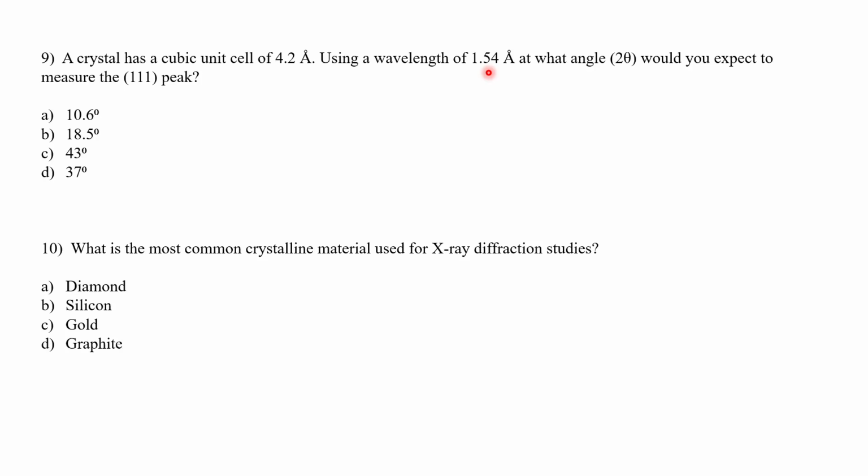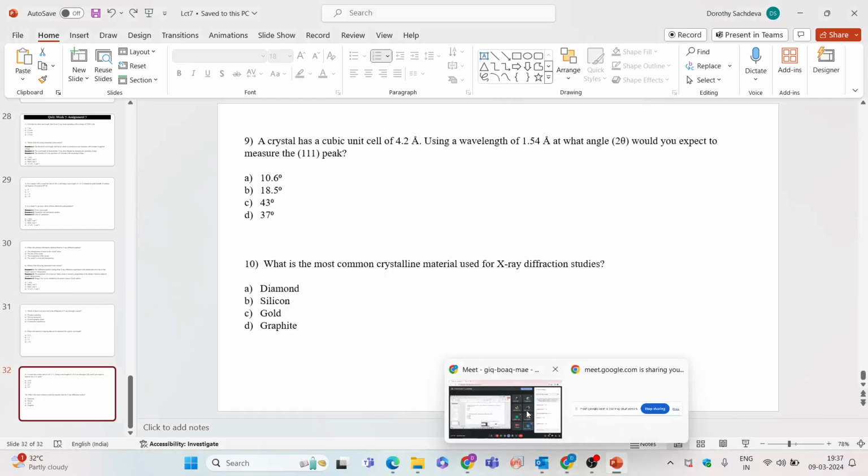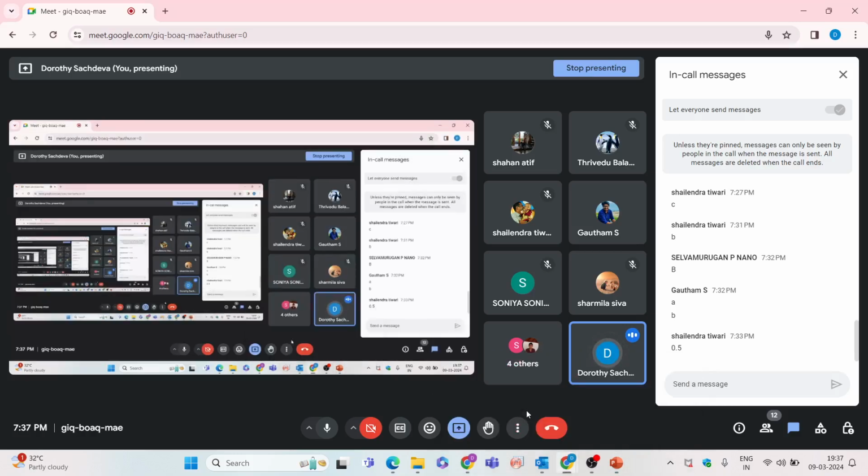We discussed this in the theory class. If the wavelength is 1.54 angstrom, which source are they using? They are using the copper K alpha source.